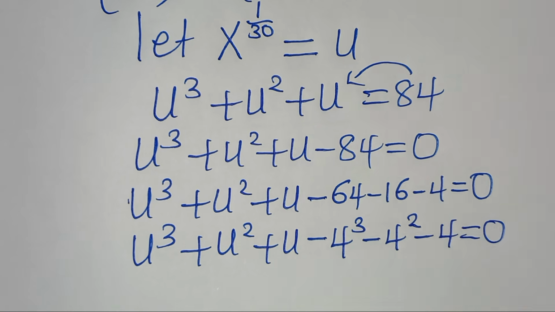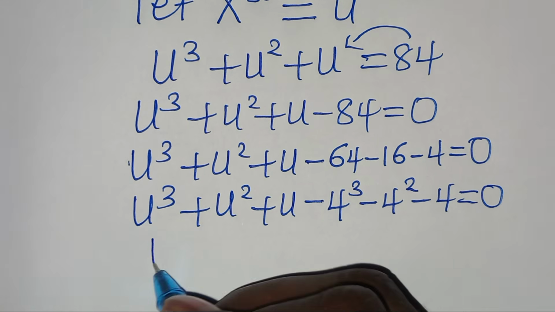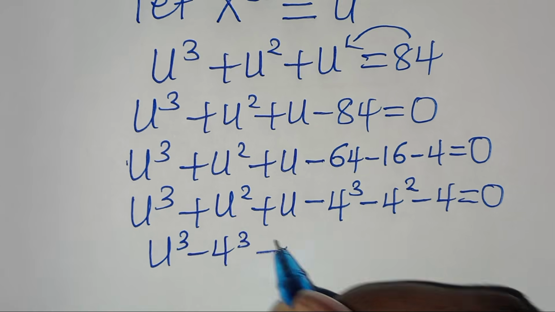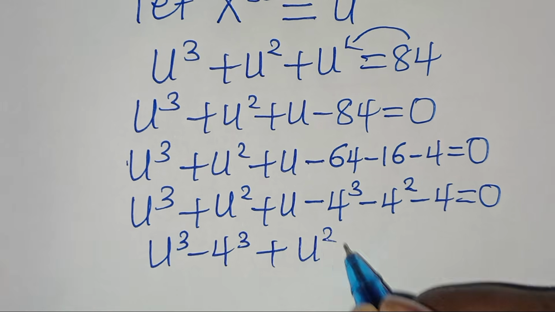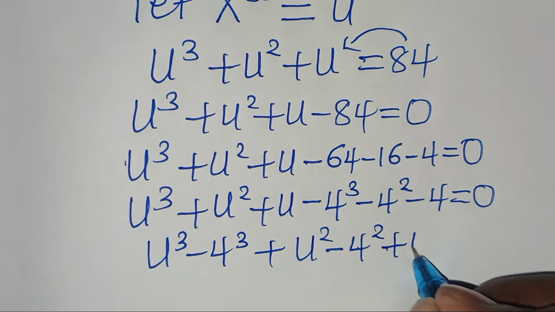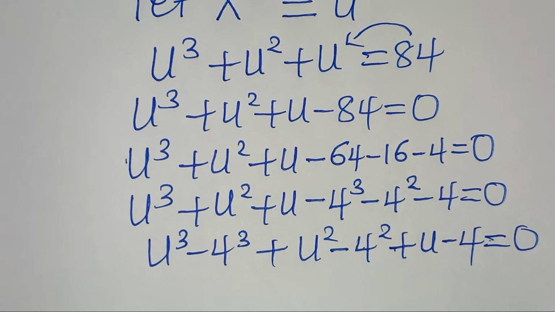This is equal to 0. So we have u to the power of 3 minus 4 to the power of 3, then plus u squared, subtract 4 squared, then plus u, subtract 4. This is equal to 0.